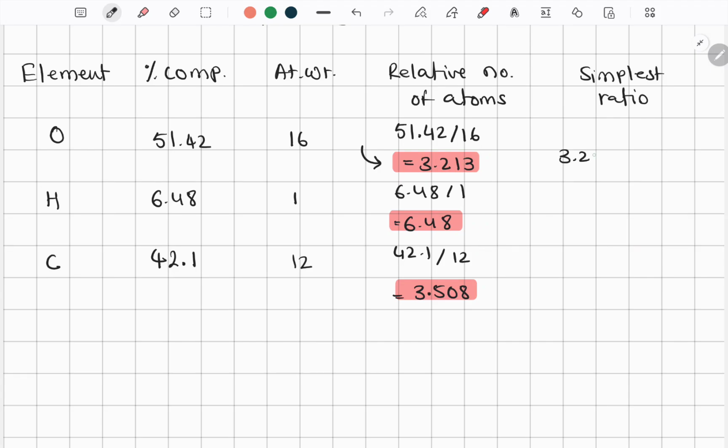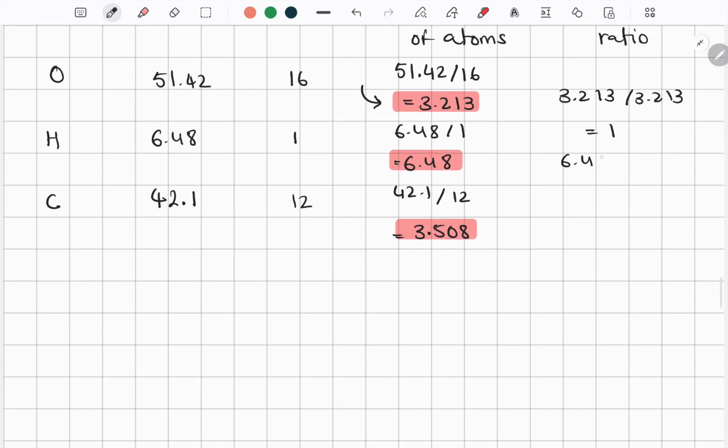When you divide 3.213 by 3.213, you get 1. When you divide 6.48 by 3.213, you get 2.016, which is roughly 2. And when you divide 3.508 by 3.213, you get 1.091, which is roughly 1 again.